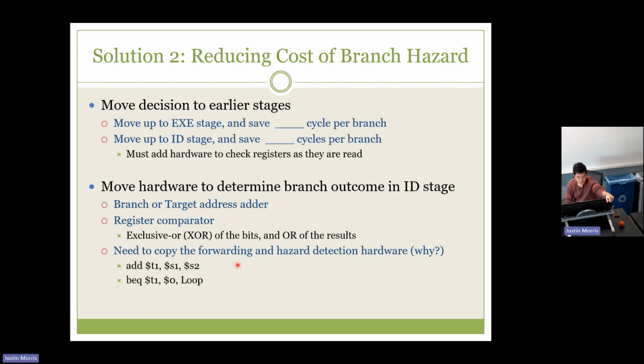We also need to copy some forwarding and hazard detection hardware. And this is what I was talking about before. If we had R-type, we never had to stall, right? R-type dependency. But now if we have a branch that's dependent on this R-type, when do we need the results of the R-type if we're resolving in decode?